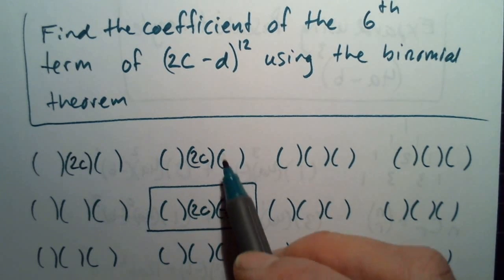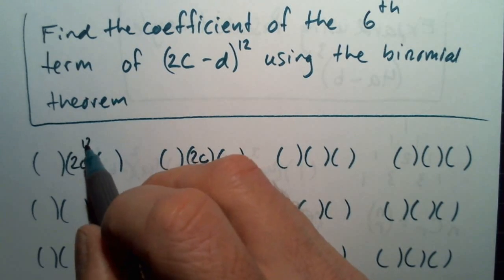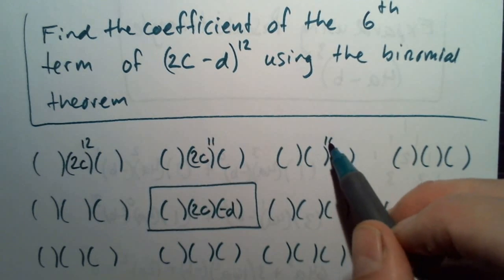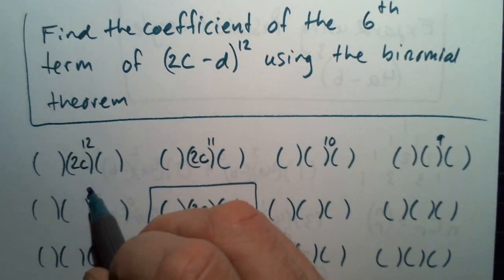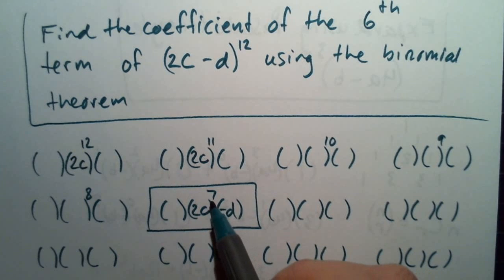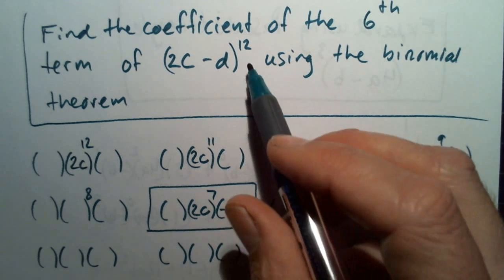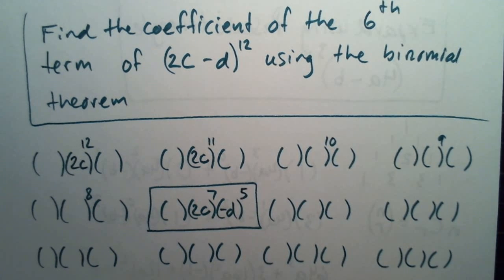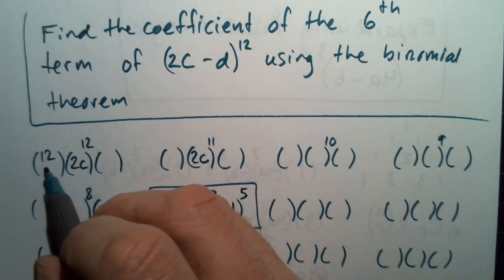What are the exponents? Well, we're going to start with 12, 11, 10, 9, 8, 7. We could count from 0, but also we know that 7 plus this number has to be 12, so we know that's a 5. And then we'll have 12 choose 0.